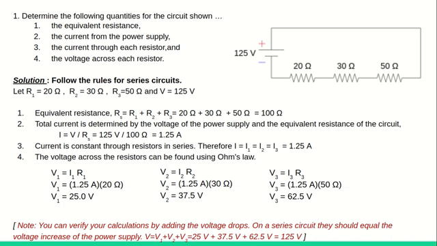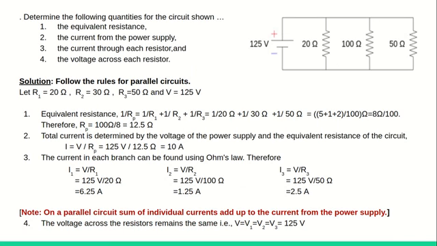Similarly, if these resistors are connected in parallel, how do we solve the problem? Let us see. Determine the following quantities for the circuit shown. The same type of question as in the previous one, only the difference is the resistors are in parallel. Again here the values are a little different.